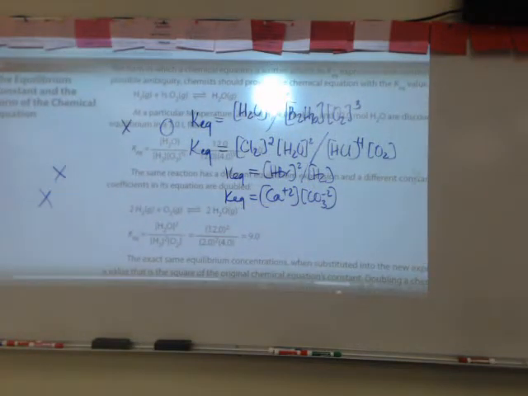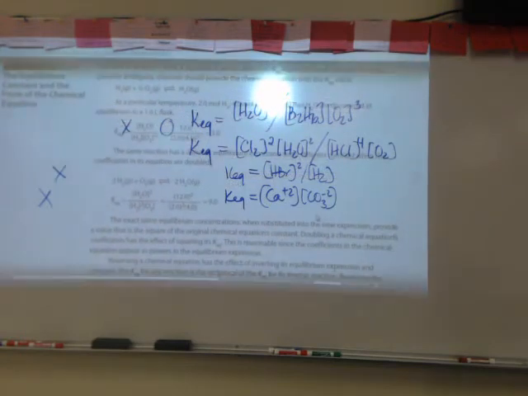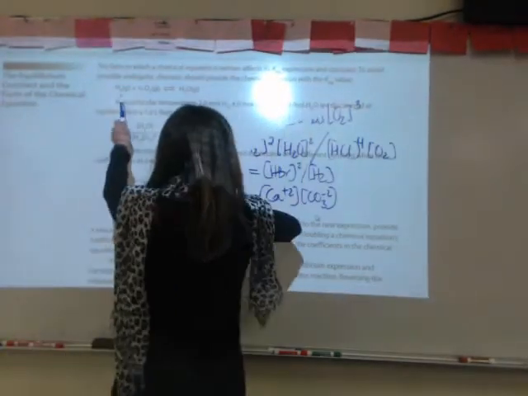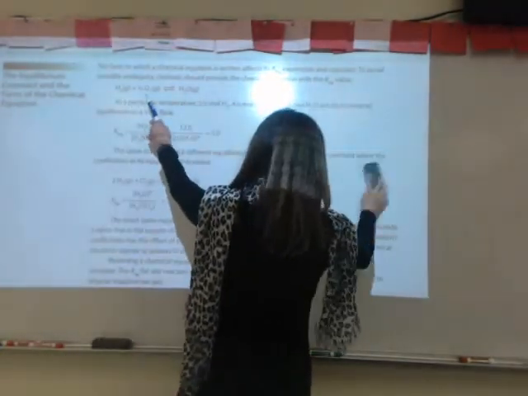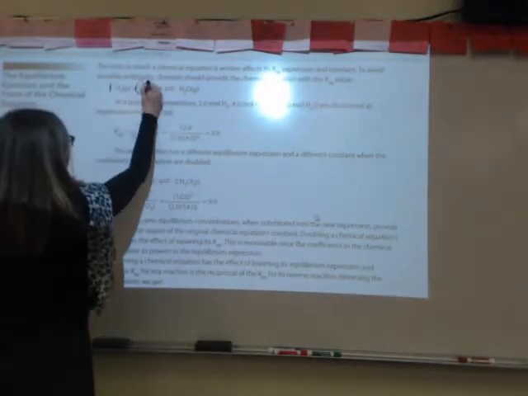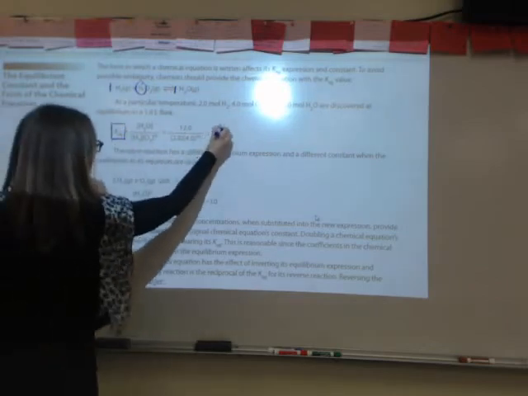The next section, the equilibrium constant and the form of the chemical equation. If you have a reaction, given here, hydrogen gas combines with oxygen gas to make water, your coefficients are 1, 1/2, and 1. The equilibrium constant value is 3.